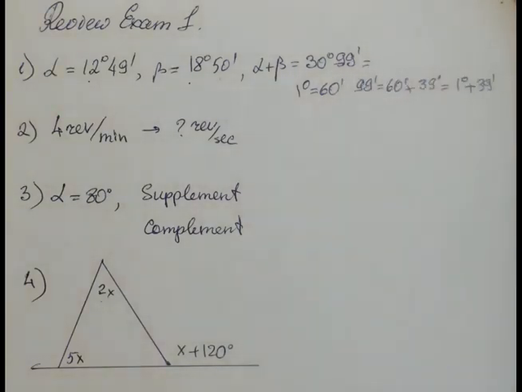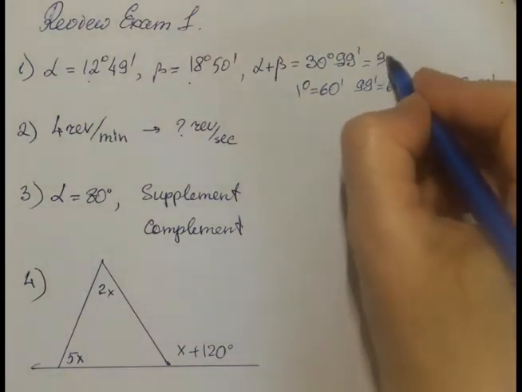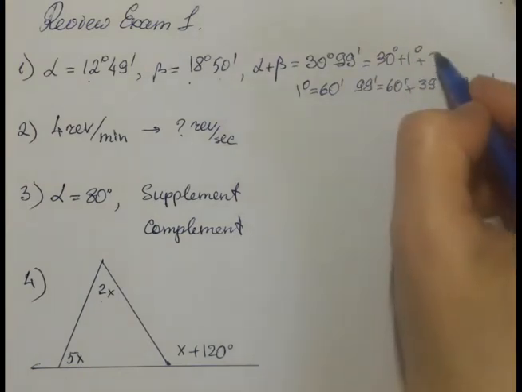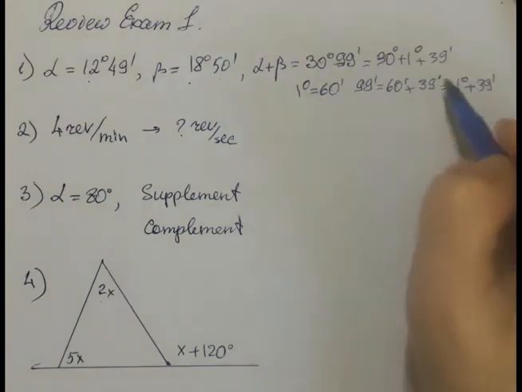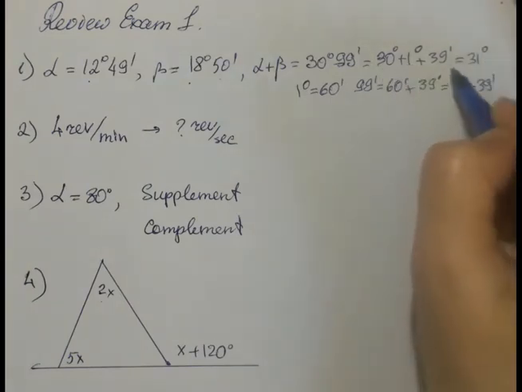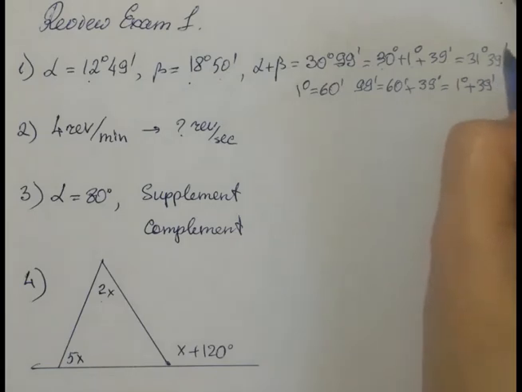So alpha plus beta will be 30 degrees plus 1 degree plus 39 minutes. 30 plus 1, 31 degrees and 39 minutes.